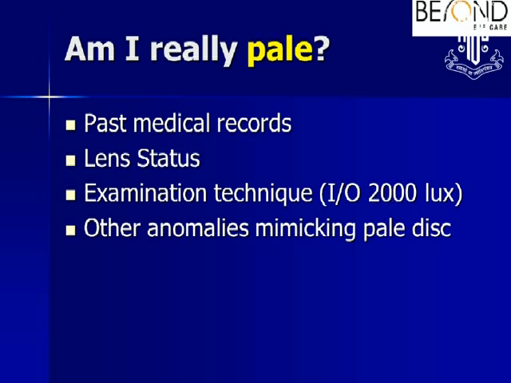So the luminosity of your indirect ophthalmoscope or your slit lamp can also affect the color of the optic nerve. The normal luminosity of an indirect ophthalmoscope is 2000 lux. Or any other anomalies which can mimic a pale disc, which would include a myopic optic nerve.